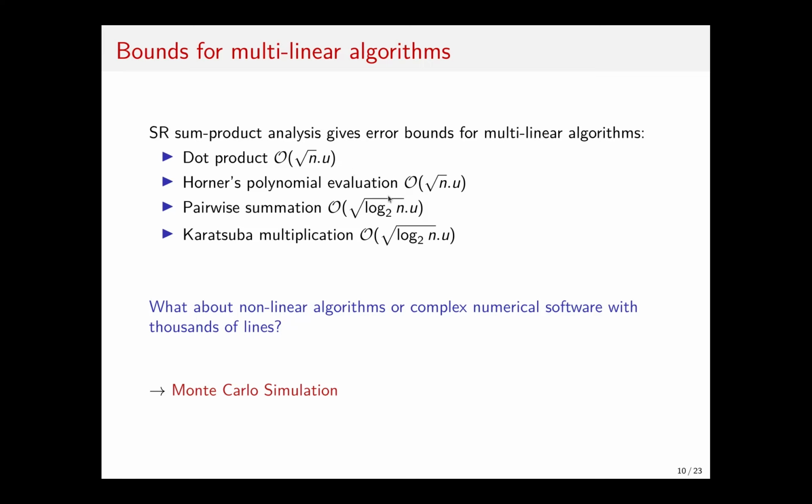For example, Horner's polynomial evaluation, again, square root of n u bound. Pairwise summation, we've got the same, but with a log n. And Karatsuba, again, we have a square root of log n. So this is quite nice, and it allows us directly, theoretically, to analyze algorithms that are multilinear.